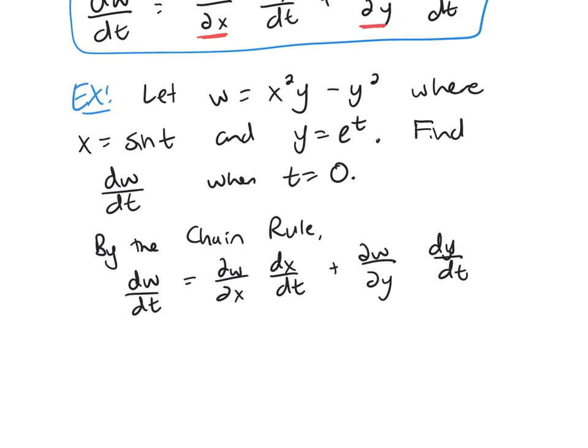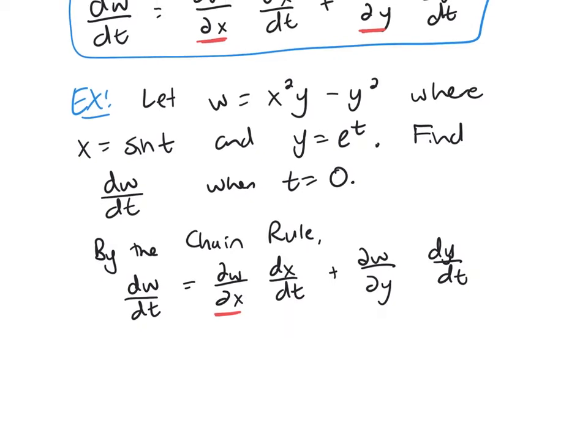So let's look for our partial derivative of w with respect to x. That will be 2xy. And then you're going to multiply by the derivative of x with respect to t. So what's the derivative of x with respect to t? It'll be cosine t.